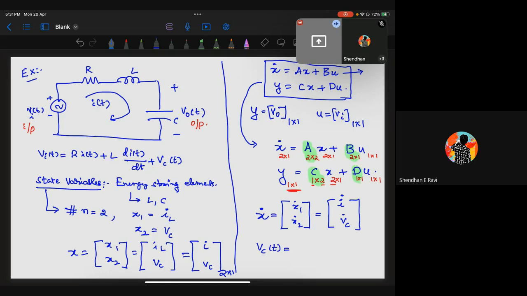Voltage across capacitor equation. Can anyone tell me? 1 by c integral of i into dt. Yes, exactly. So vc of t is nothing but 1 by c integral i of t dt. Correct? So what is dvc by dt or vc dot?